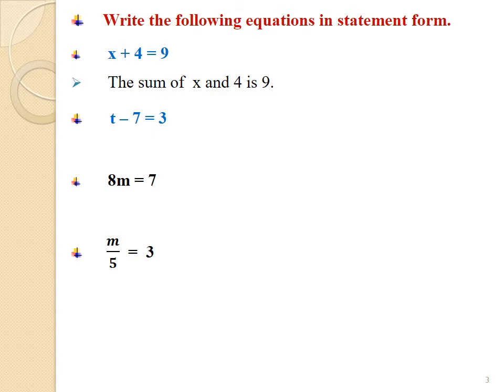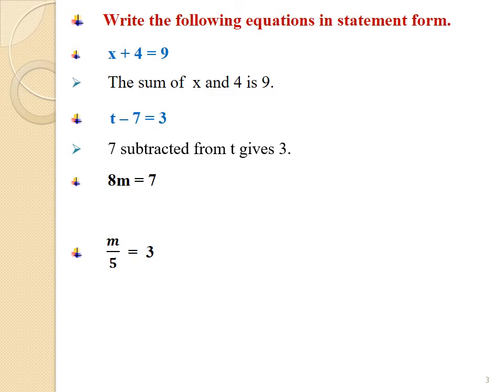The statement for this equation is 7 subtracted from t is 3, or the difference between t and 7 is 3.